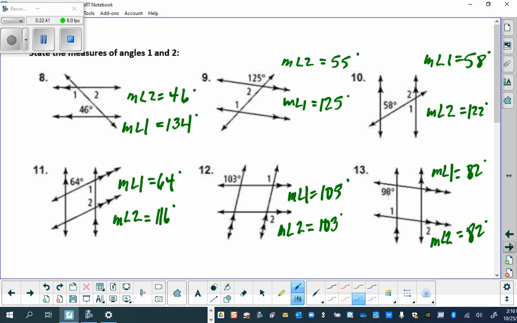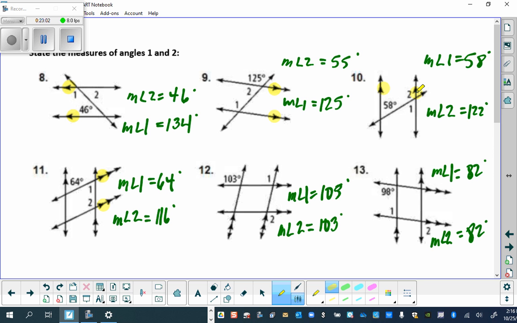Next up, and this is what I need you to understand. If the lines are parallel, and that's what we're given in each of these situations, we are given parallel lines.